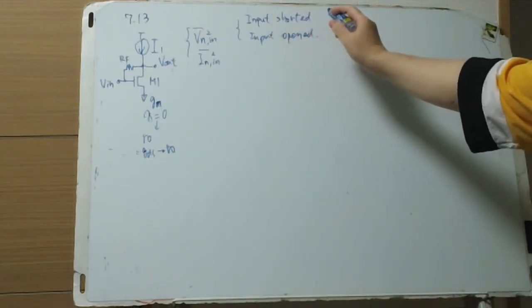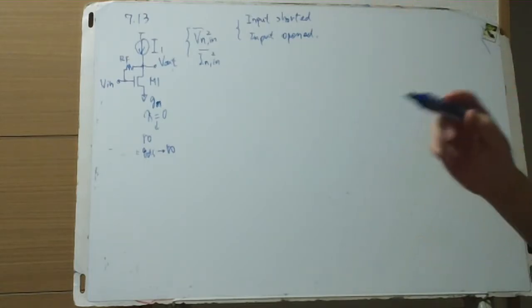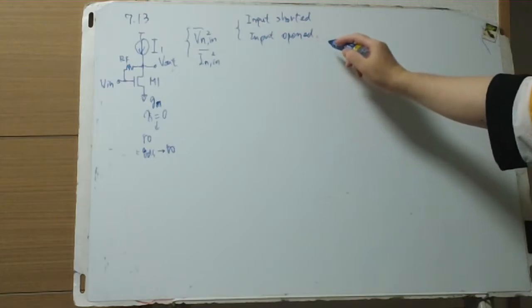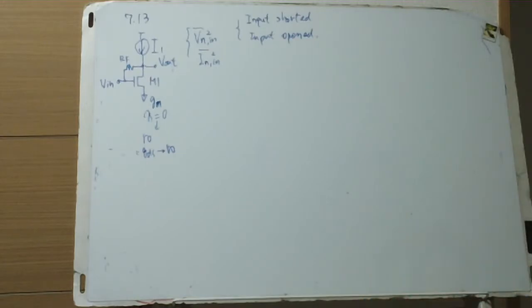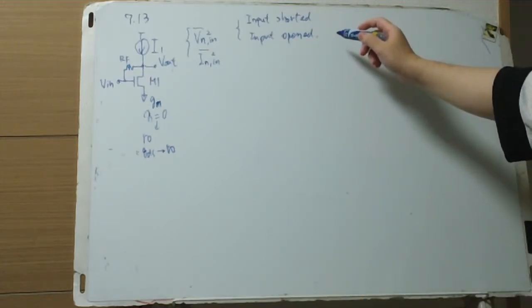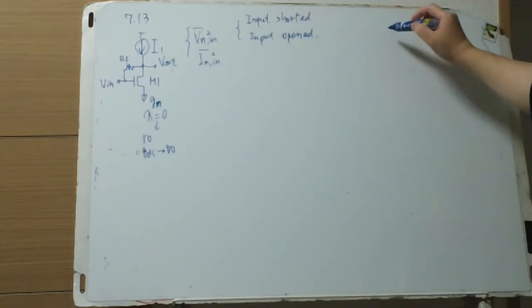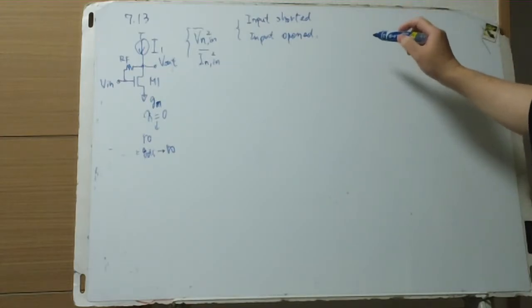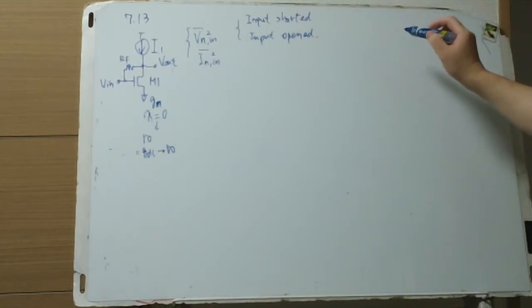Input shorted and also output shorted procedure is used in this textbook, and the input opened way is assigned for the readers, and one hint is commented about the output noise voltage, which is V sub n2 out squared bar.